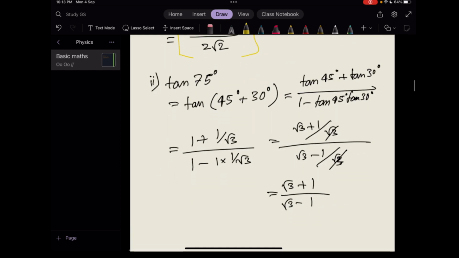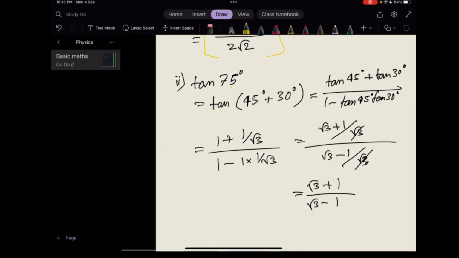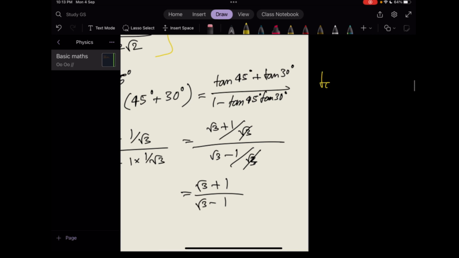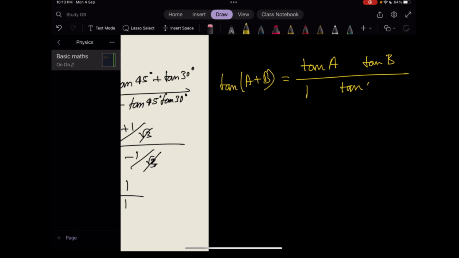Now similarly, tan 75 degree, tan 45 degree plus 30 degree. Here we are putting the formula of tan A plus B. So how to remember that formula? Simple. Put tan A, tan B divided by 1, tan A tan B. Now if it is plus, put plus here.